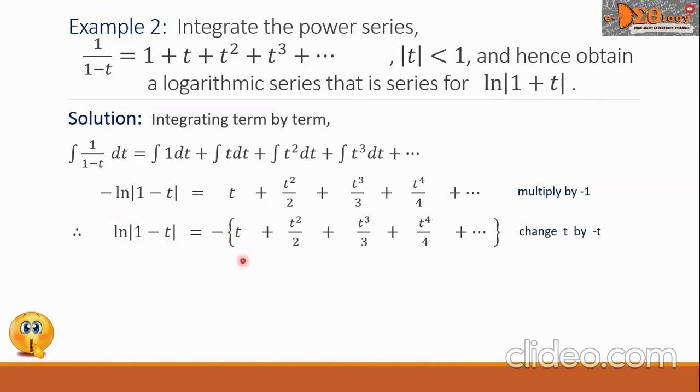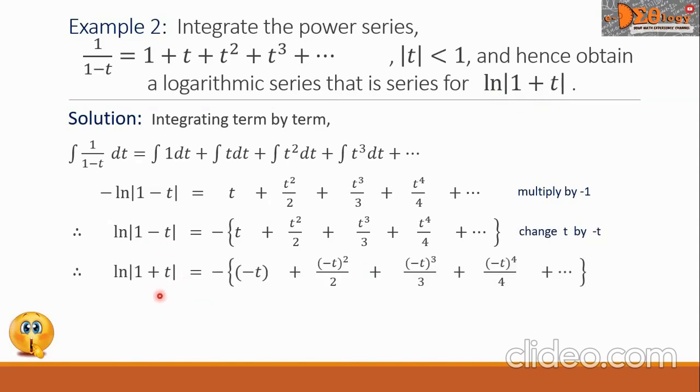What we're going to do is change t to negative t. So this negative t here becomes positive t. So the left side becomes ln of the absolute value of 1 plus t equals, for the right side, all t will now be changed into negative t.